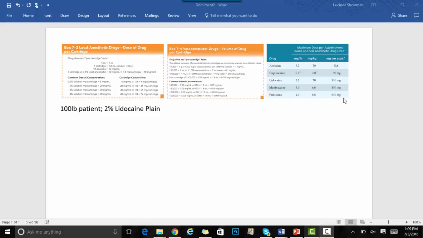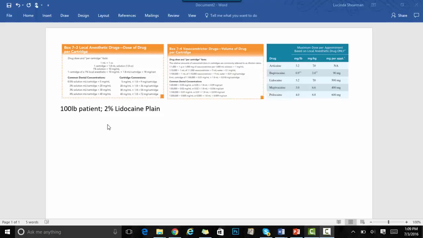For example, looking at Table 1, we can see a list of the MRDs for each anesthetic. The other is the patient's MRD based on their body weight. This must be calculated using the milligrams per pound on this same table. The last is the MRD for the vasoconstrictor you'll be using, whether it be epinephrine or levonordefrin.